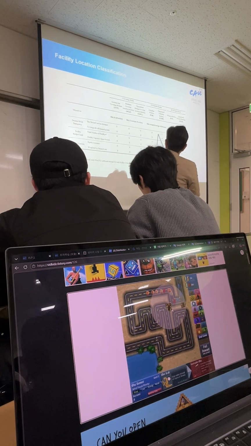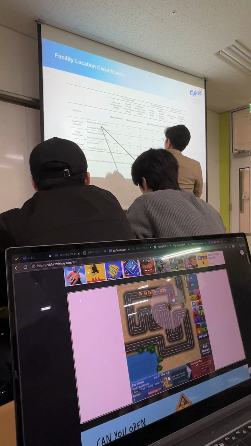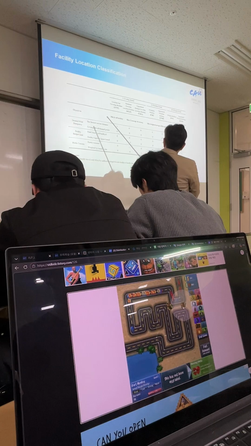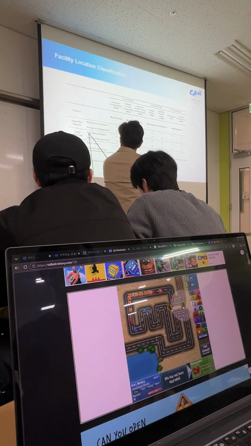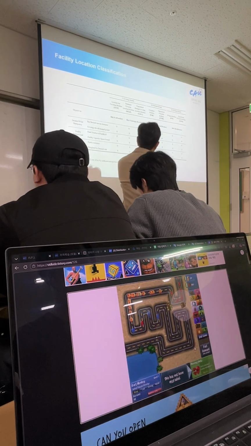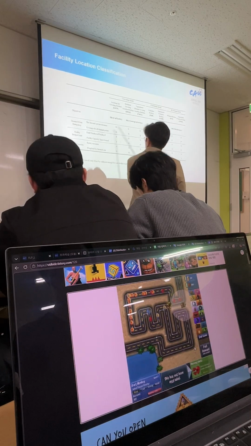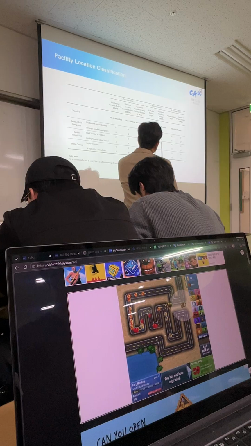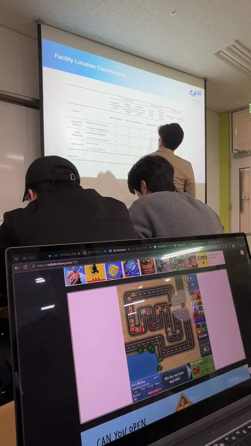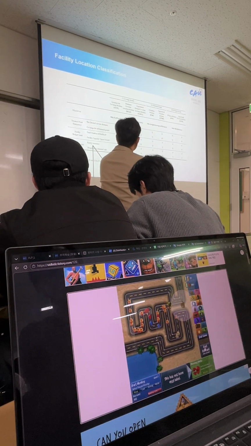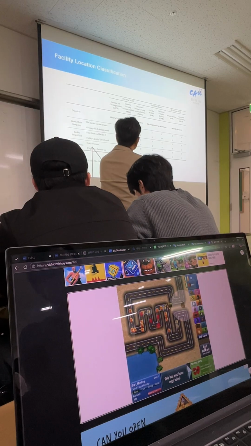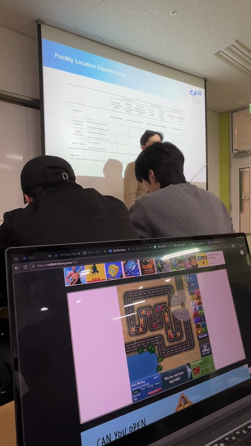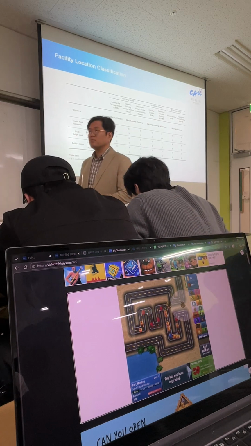So the distance is not fixed. So desired service distance is not fixed. Okay, but the fixed number of facility is applicable. And equality concern is applicable. P-center model has a equality concern. Okay. So this is the total structure of the facility location model set.